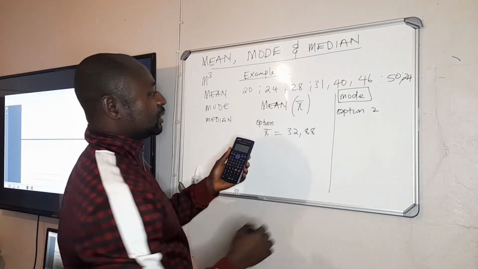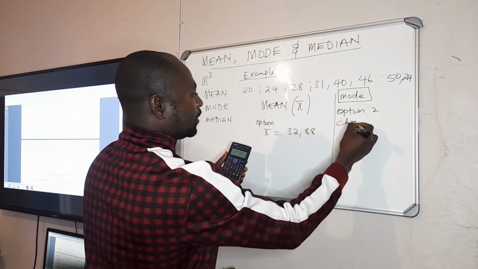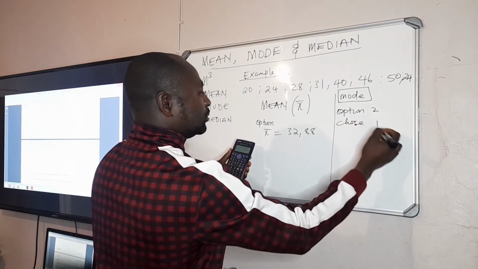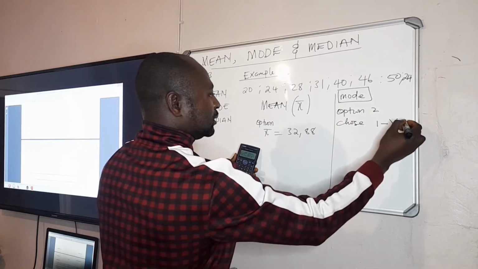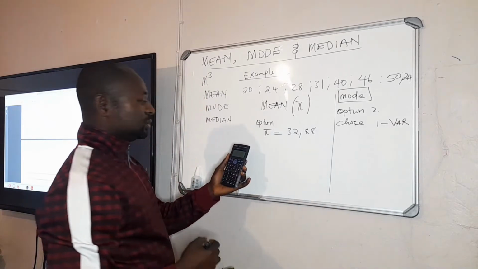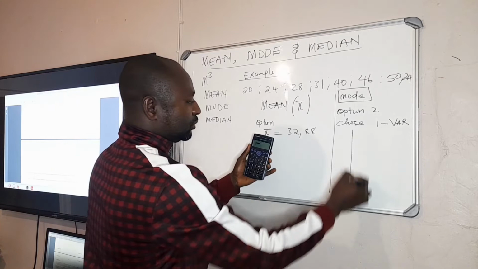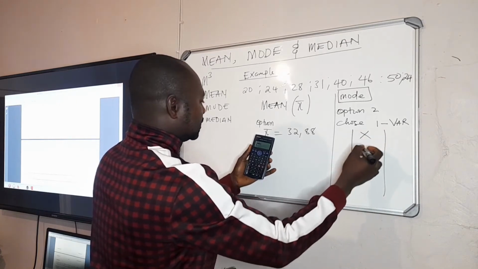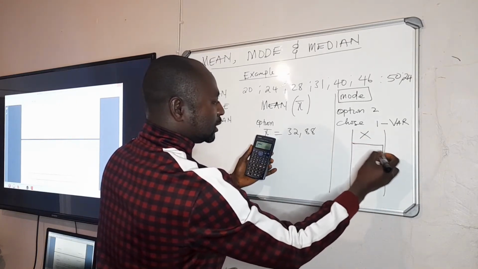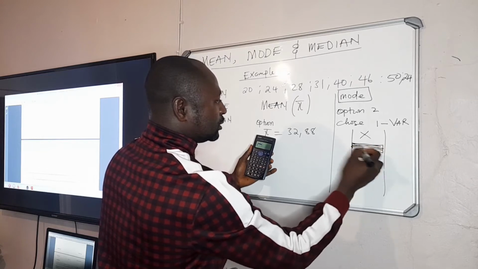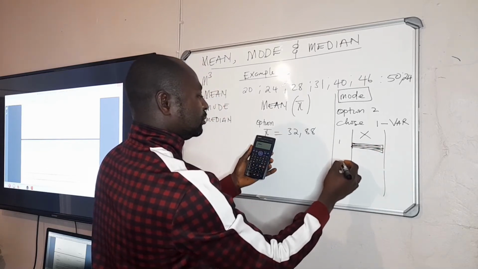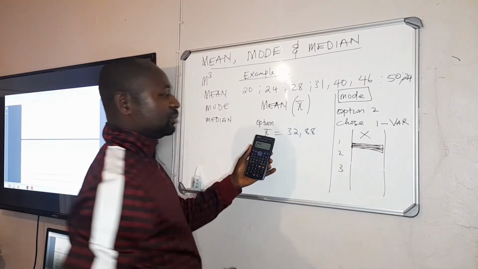You press it, and then you choose option number 1, which is variance, VAR. And then the table will open for you like this. You will see X here with a dark shade, and then they will give you the number of data sets that you are putting in.